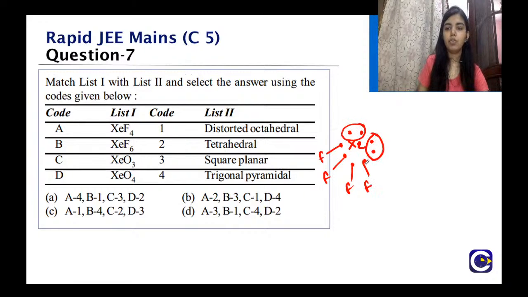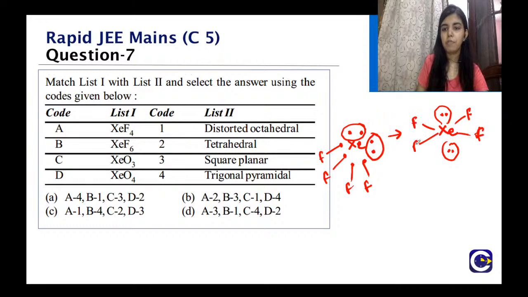So 1, 2, 3, 4, 5, 6. That means it will acquire an octahedral geometry, lone pair here, let us say lone pair here. But if we don't consider the lone pair, basically the shape comes out to be what? Square planar. So for A, 3 will be the option.